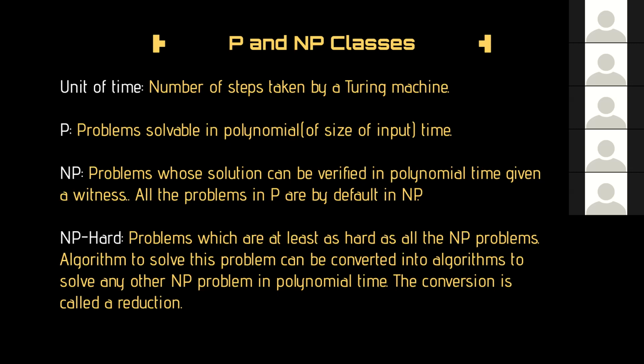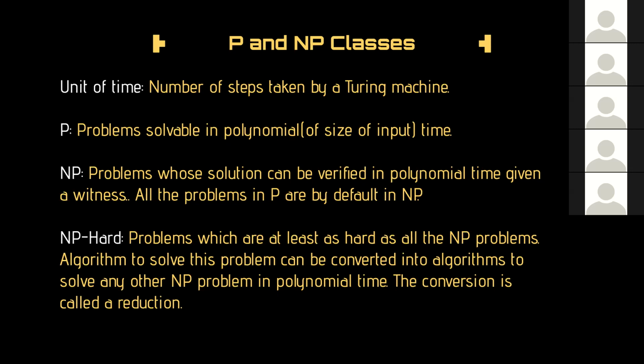Rather than taking seconds or milliseconds, we take the number of steps the computer takes, that is a Turing machine, which you can read up on later, as the unit of time. So, P is a class of problems which require polynomial steps, here polynomial being a polynomial of the size of the input, to solve the problem.